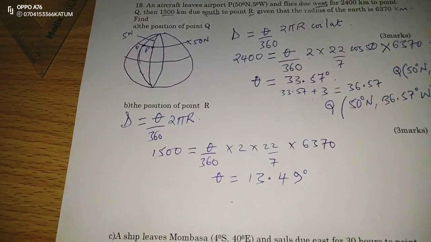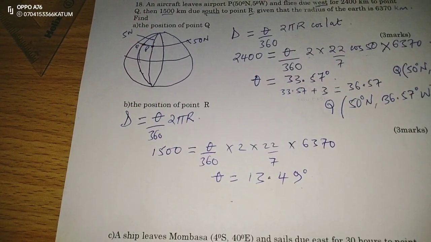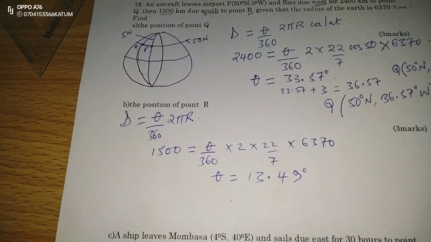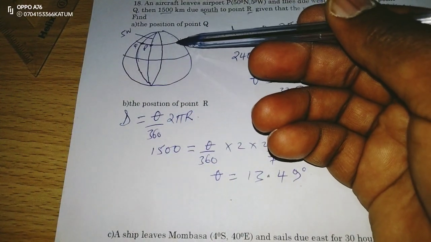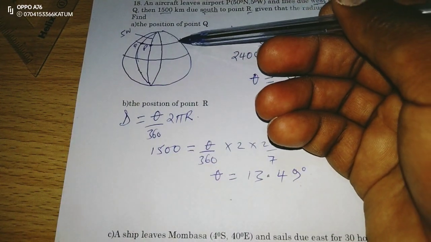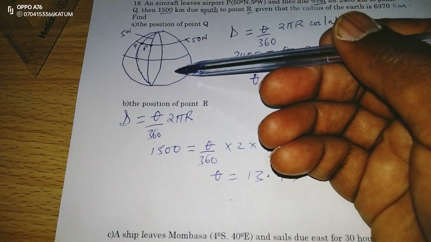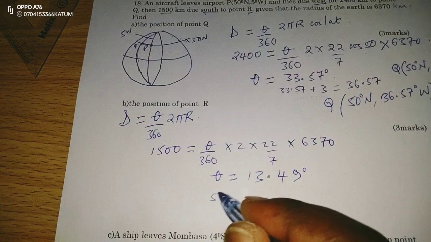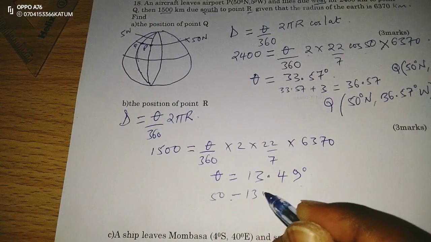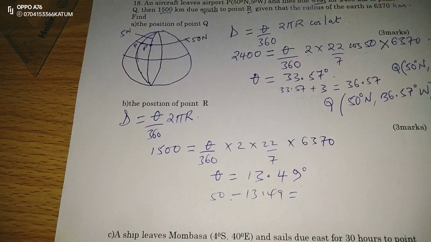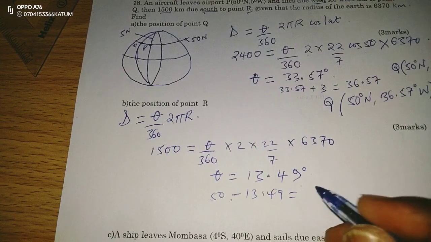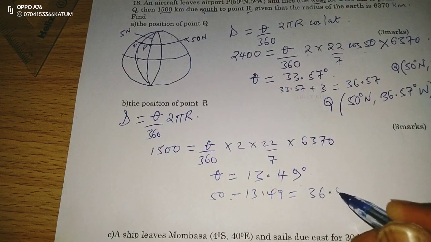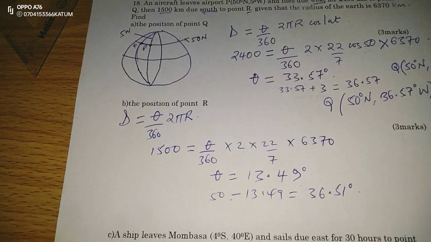This means we are still in the northern hemisphere. If the angle was beyond 50 degrees, we would have crossed into the southern hemisphere. So we take 50 minus 13.49, which gives us 36.51 degrees.